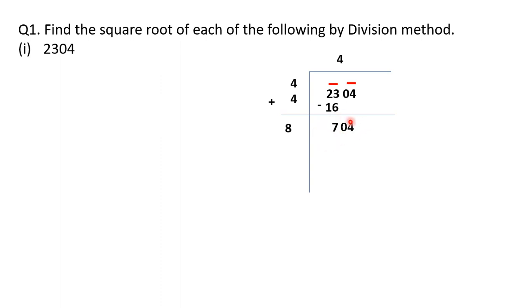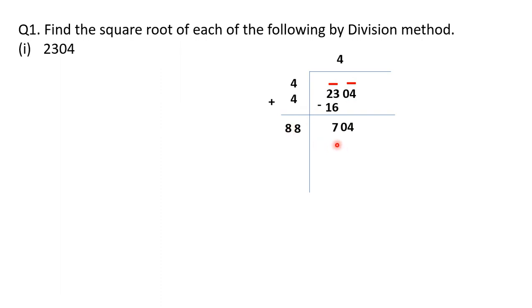Now we have to divide this 704. After this 8 we have to choose one more digit, so that the product will be 704. As the unit digit is 4, we will take 8 or 2. If we choose 2, we write 2 here, and in the upper side after 4 we write 2. So 2 twos are 4, and 2 into 8 is 16.